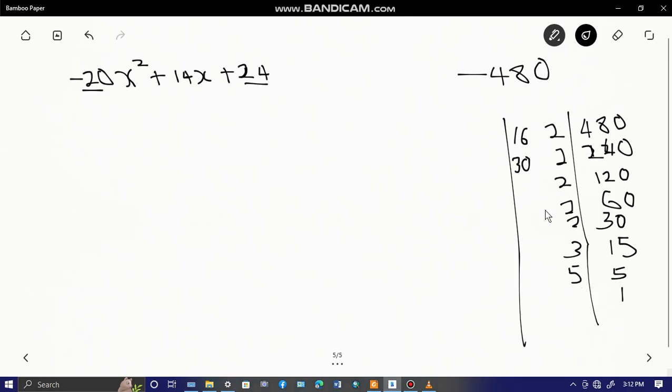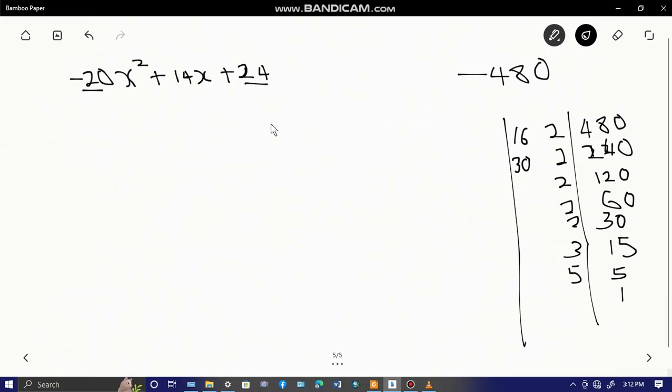Now if you see here, we have 16 and 30. They combine to give 14, because 30 minus 16 is 14, and if you check on your calculator, 30 times 16 is 480.